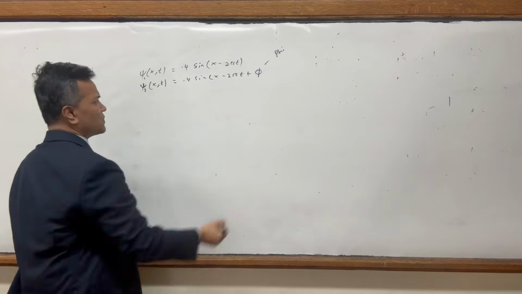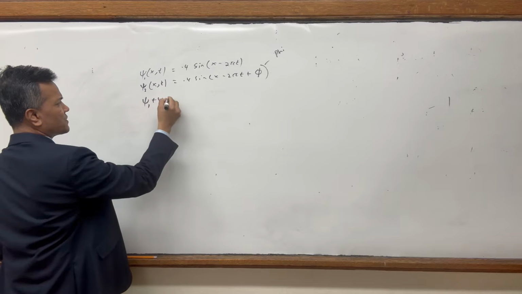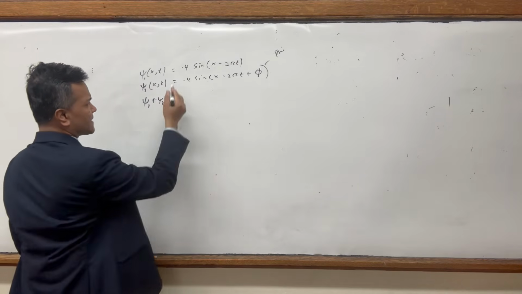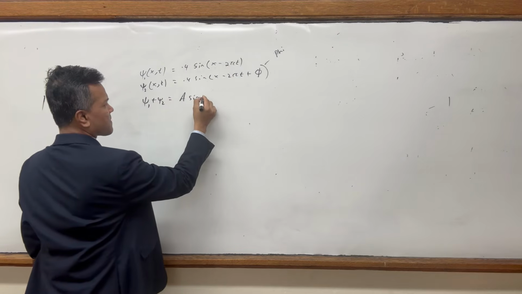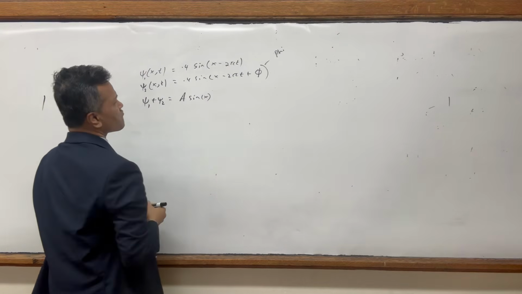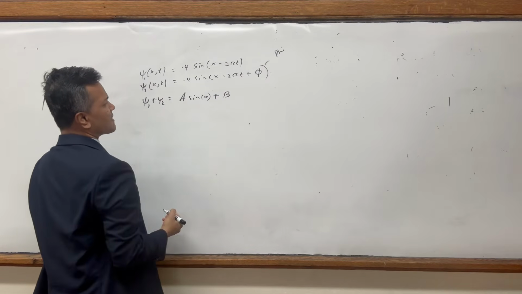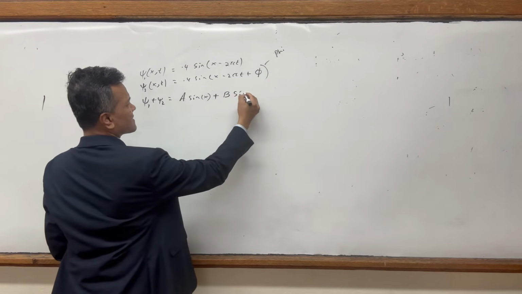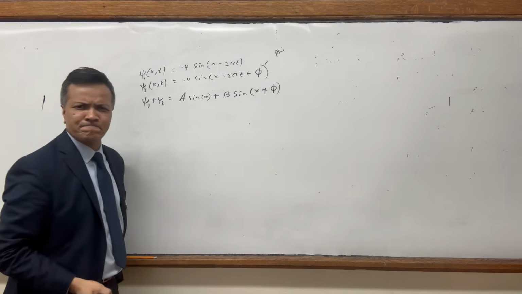All right, so if I ask you to do psi 1 plus psi 2, what are you going to do? You want to write A sine x plus B sine of x plus phi, right?